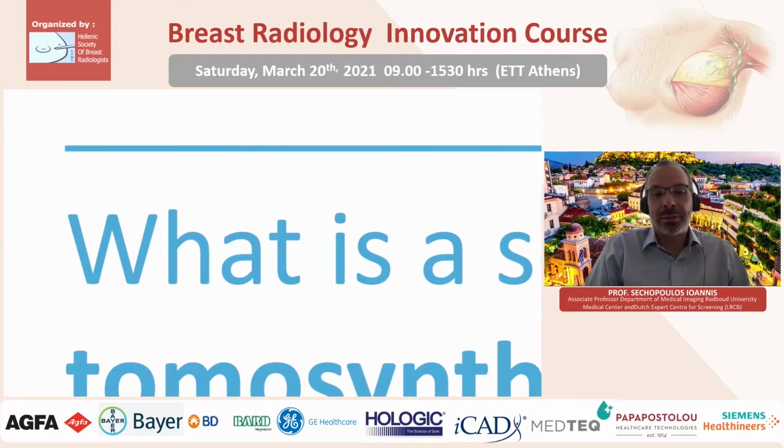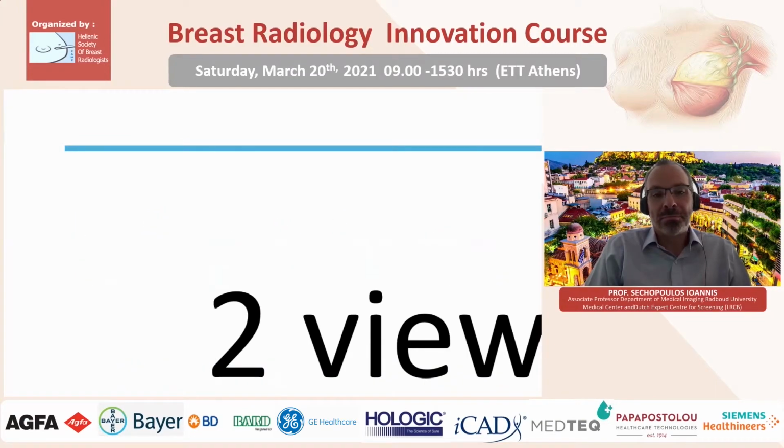However, in a screening tomosynthesis exam, the answer to this question is not that obvious, or at least is not 100% defined yet. The most conservative or traditional way to think about tomo screening would be to do both full tomosynthesis and mammography, so 2 views of each. But of course, in tomosynthesis each view involves a whole stack of images.